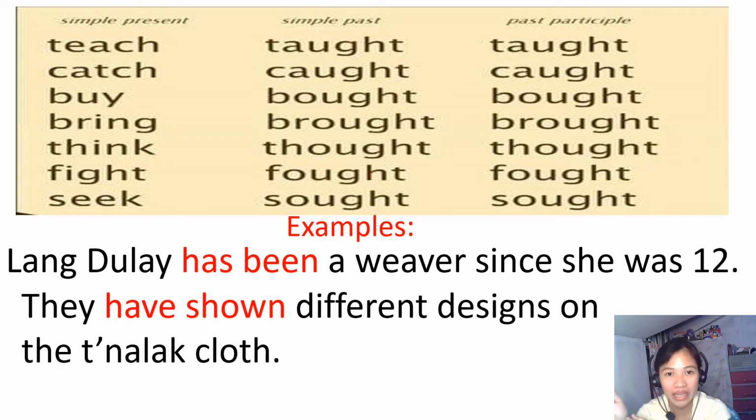I use the word have plus the past participle been. So has and have plus the past participle can show the present perfect tense. This indicates the present perfect tense.